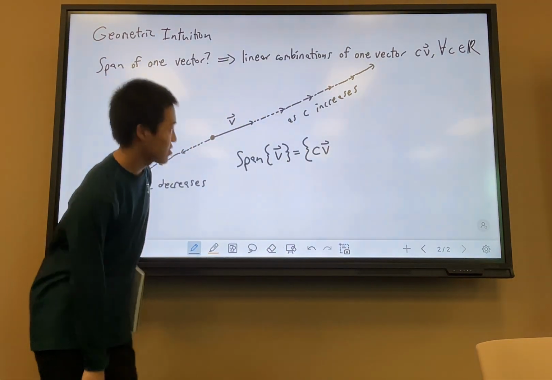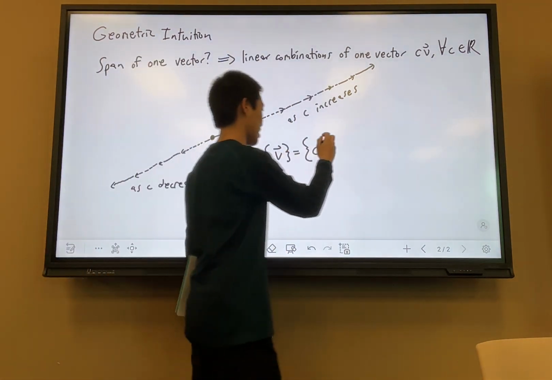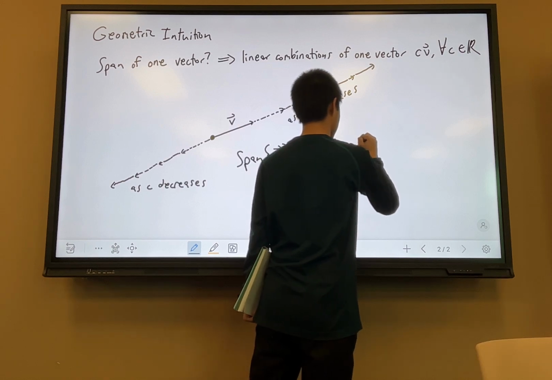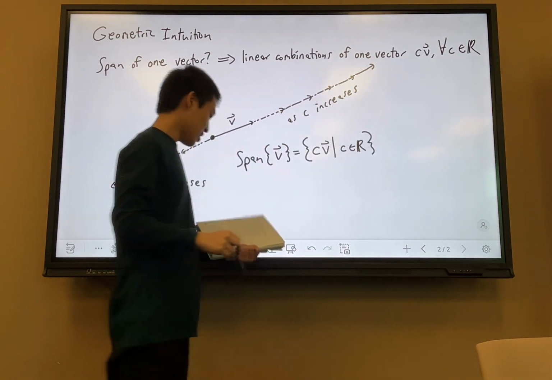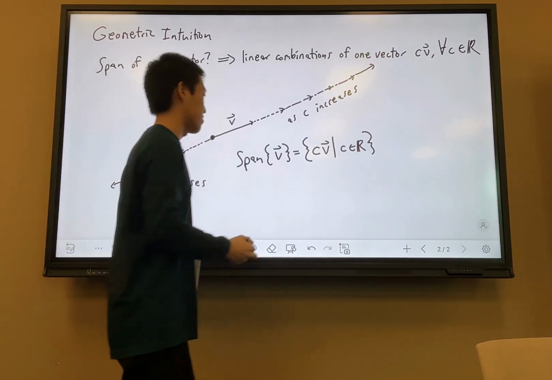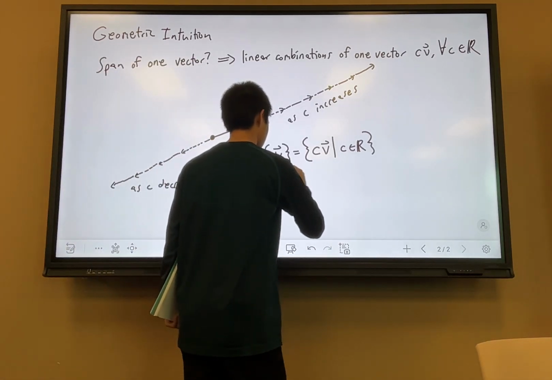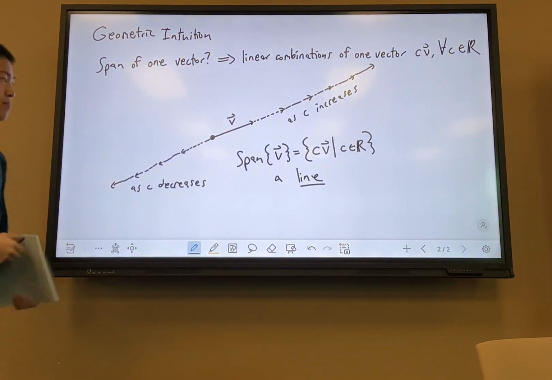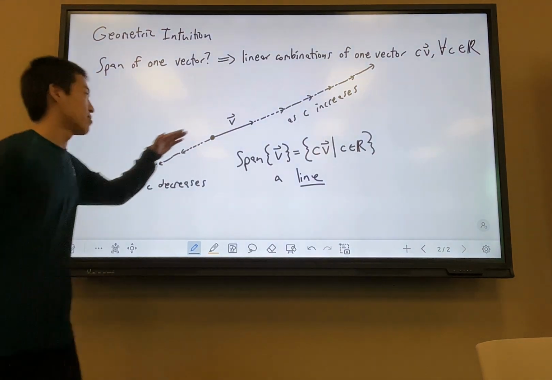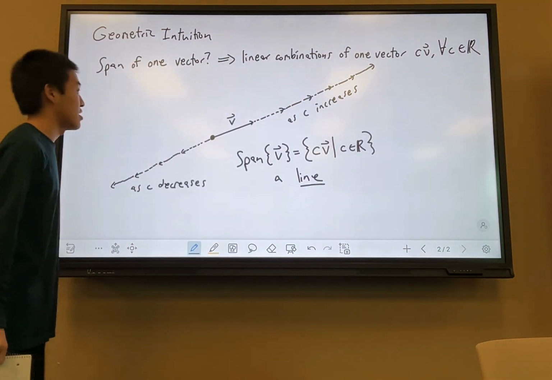So all the vectors that we can get, if I take V and scale it by some scalar amount, which is in itself a line, geometrically. So this set of vectors, that is the span.